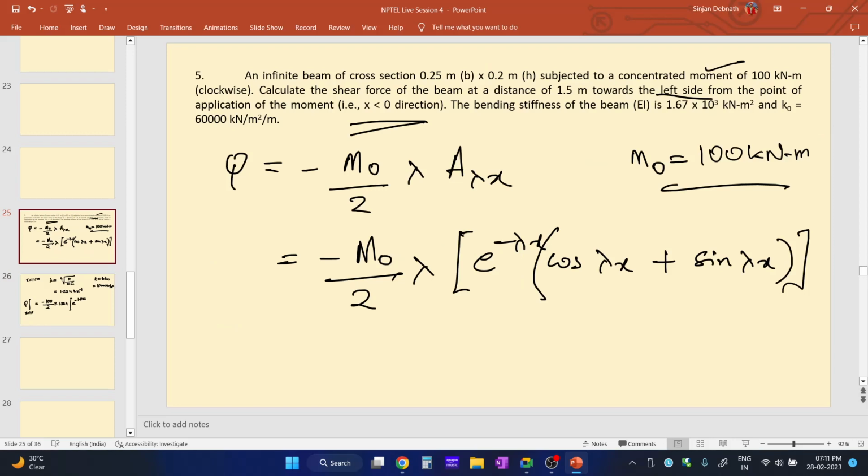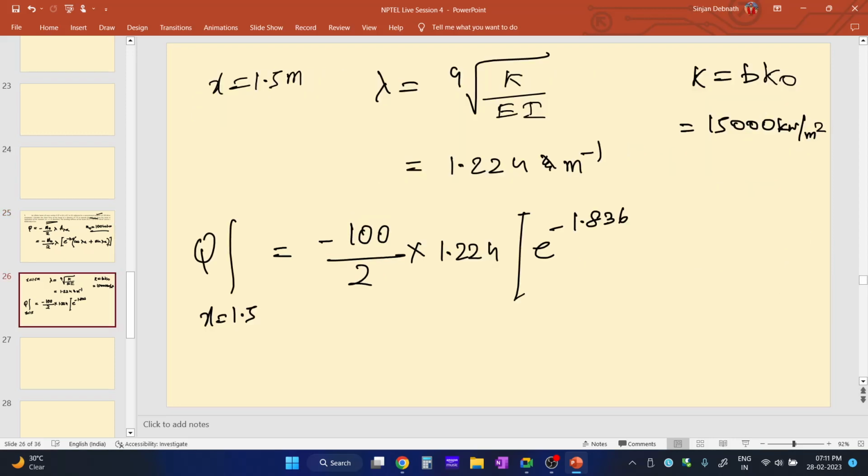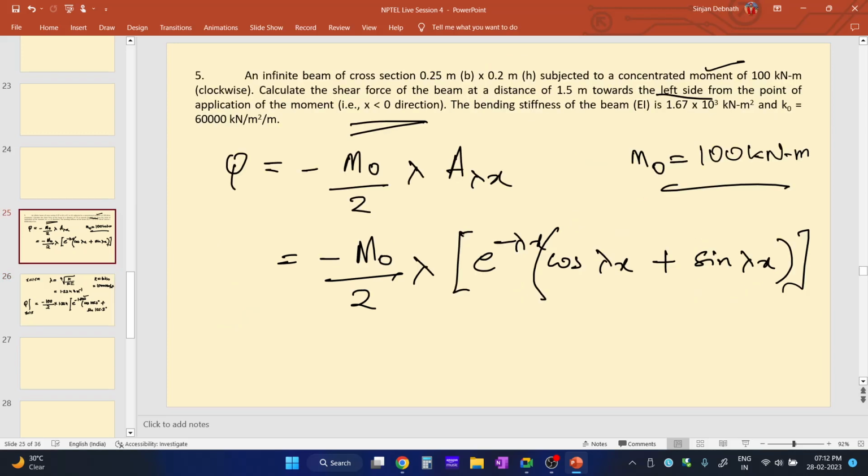Then cos of lambda x and sine of lambda x. Here 1.836 is in radians, and 1.836 in degrees is 105.2 degrees, so cos of 105.2 degrees plus sine of 105.2 degrees.